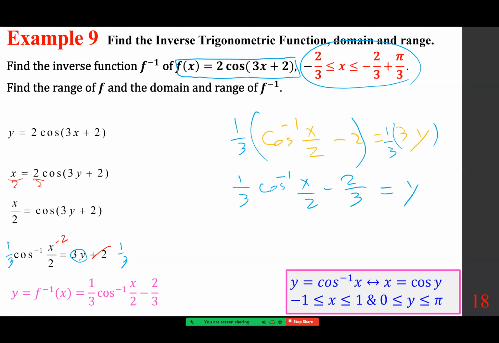And now we change the y to what? F inverse of x. And that's what we get here. Okay. All right, I hope it's clear how we arrived at it. So let's clean up the mess.